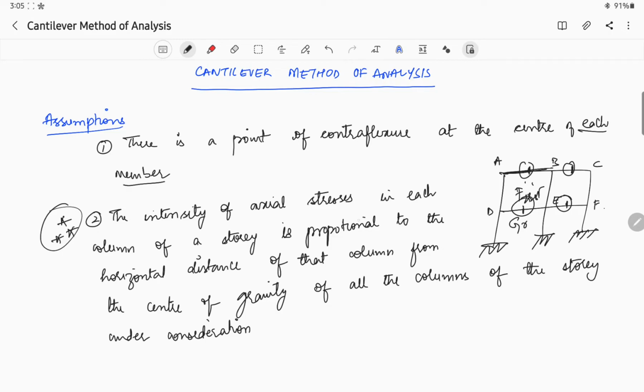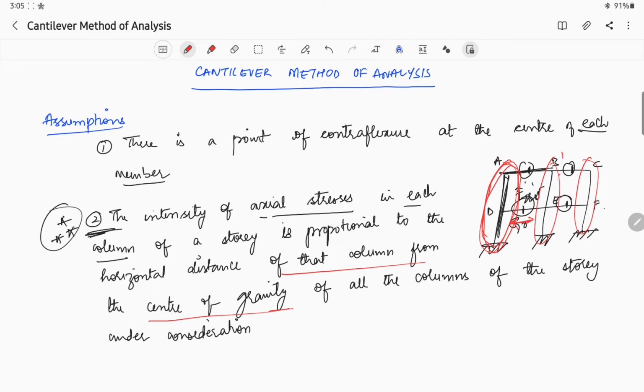The meaning of this point is the gist of this method. I will explain it in the problem itself, because we need a frame to explain this second assumption. Just to read it out: the axial stress developed in each column of a story is directly proportional to the horizontal distance of that column from the center of gravity.